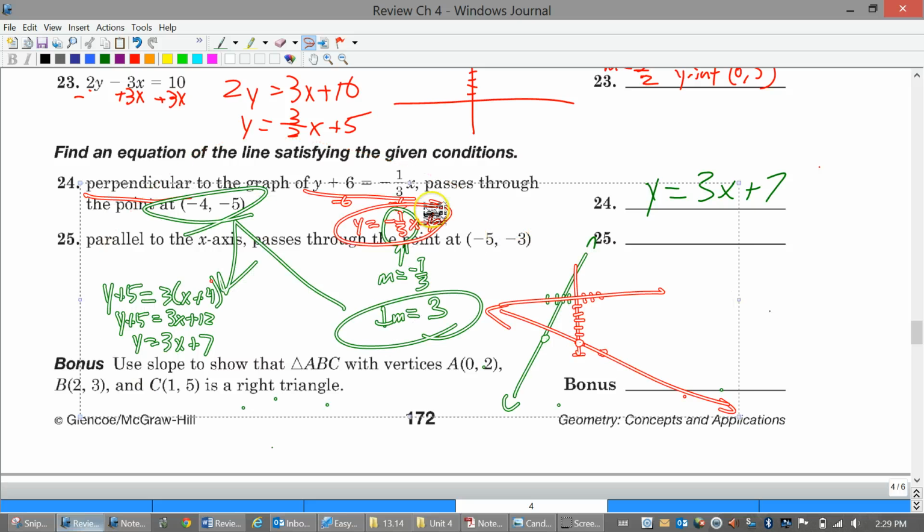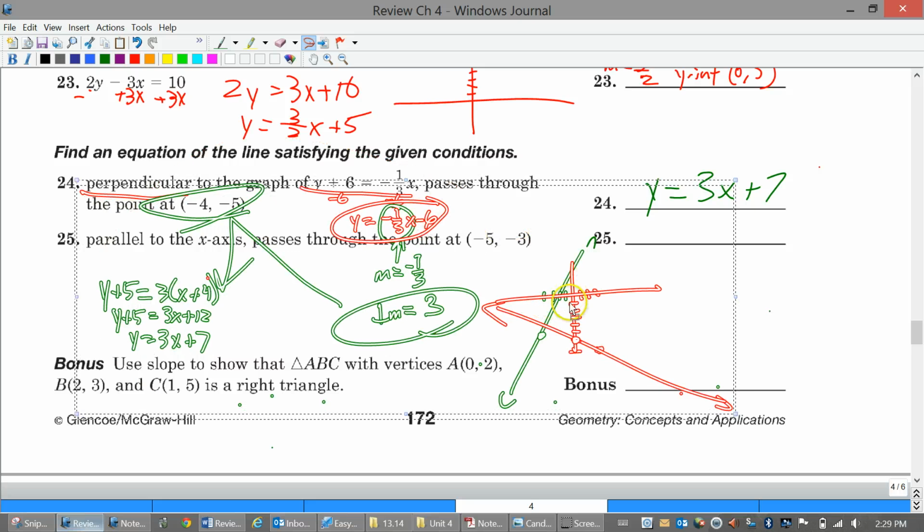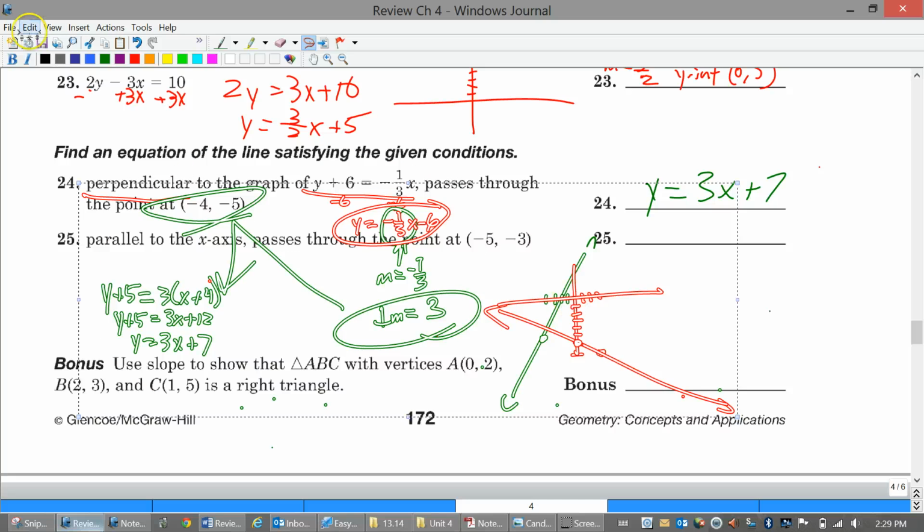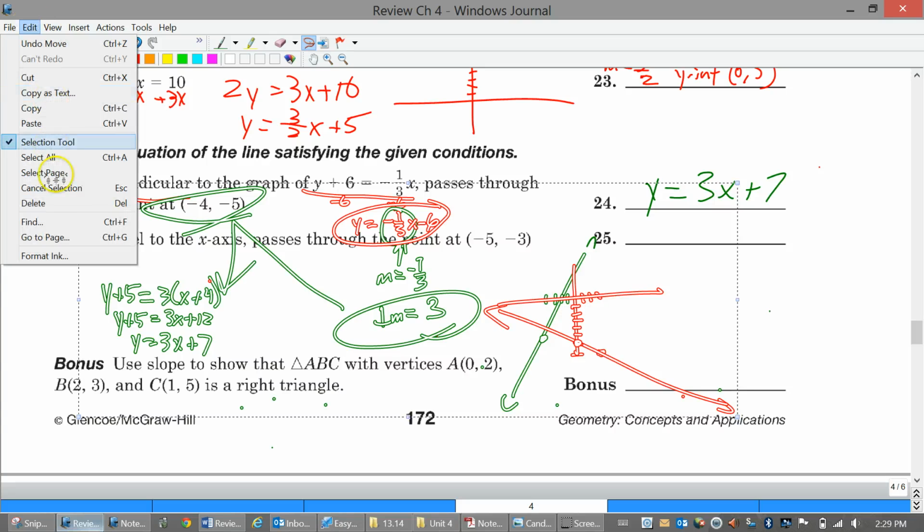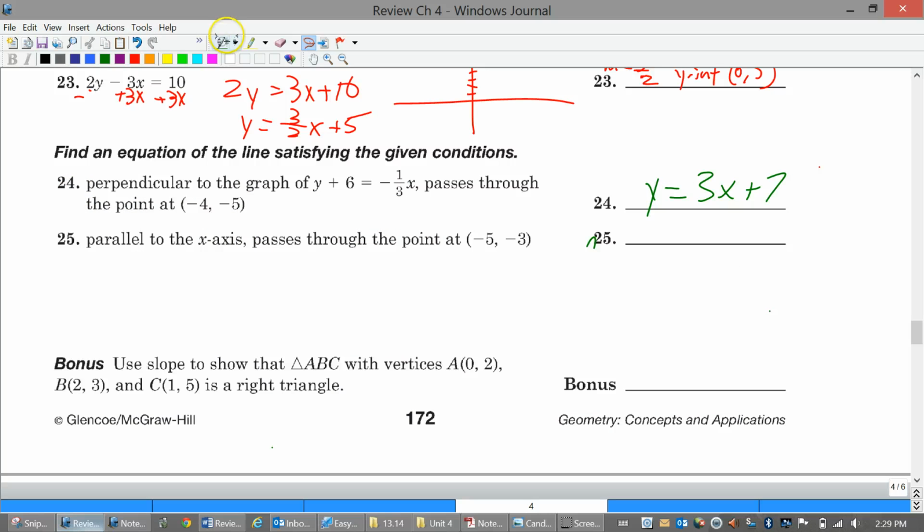Okay, let's go ahead and do one more. Okay, parallel to the x-axis. Well, lines that are parallel to the x-axis are all horizontal. Horizontal lines have a slope of 0. So our slope and our point.